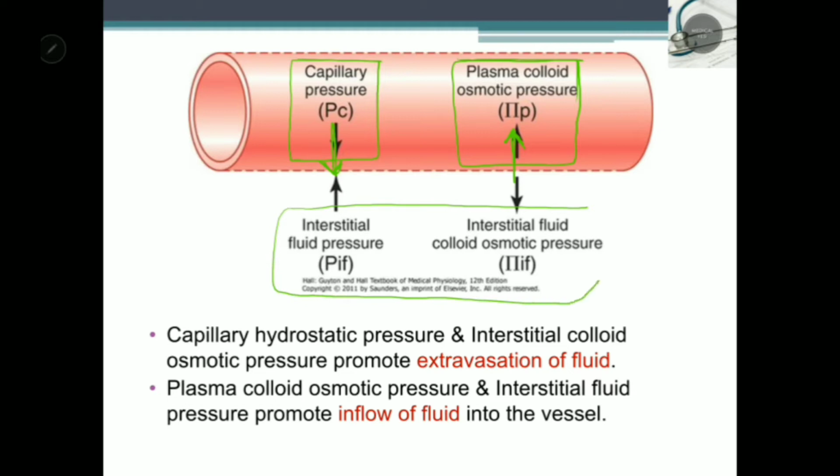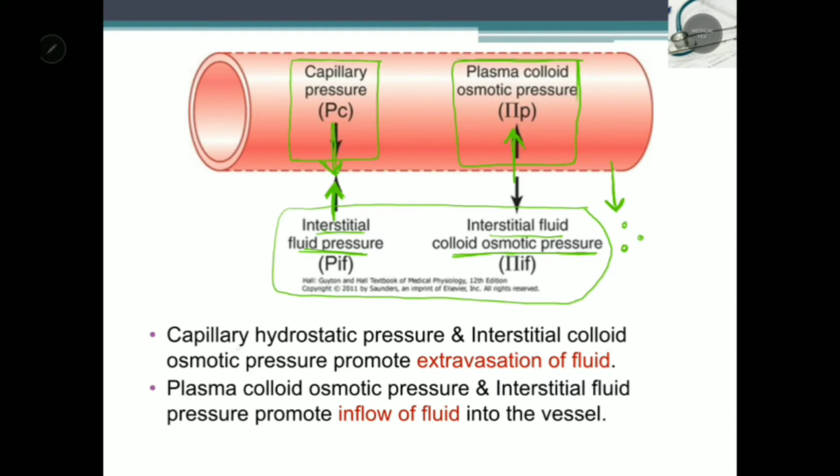These are the interstitial fluid hydrostatic pressure which tends to push the interstitial fluid into the vessel. And then there's interstitial fluid colloid osmotic pressure which is induced by the proteins present in interstitial fluid, and it tends to draw the fluid from the capillary into the interstitial spaces.